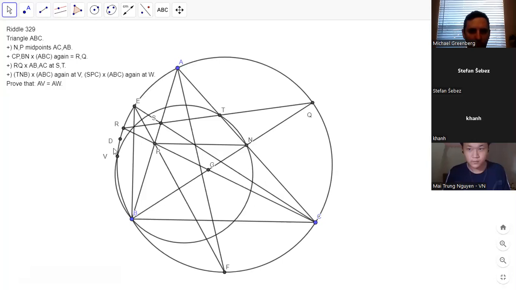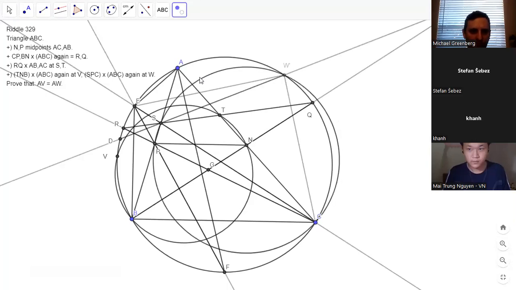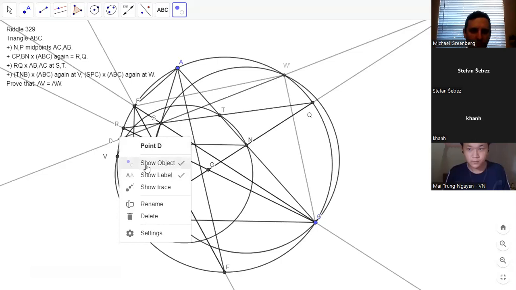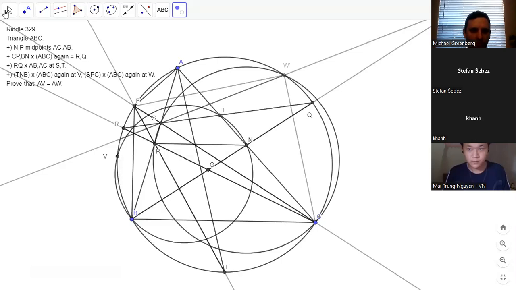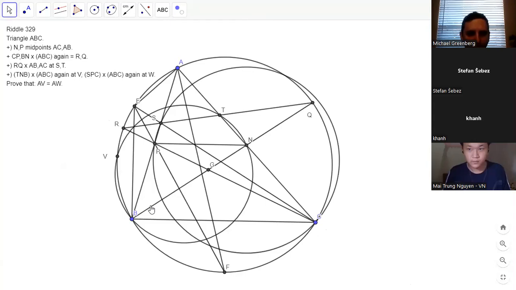Hide that. What was D? I forgot how I defined all these points. I can hide that. In fact, do I even need it? I think I need everything else here.